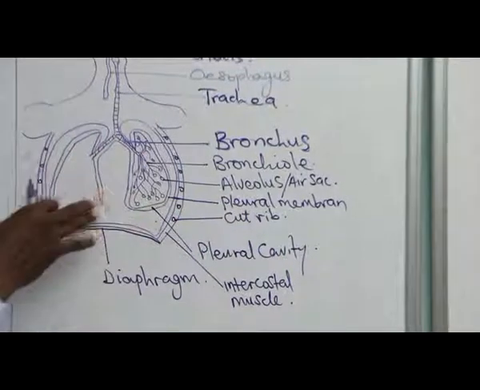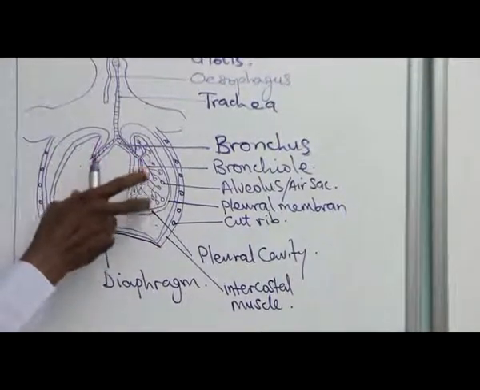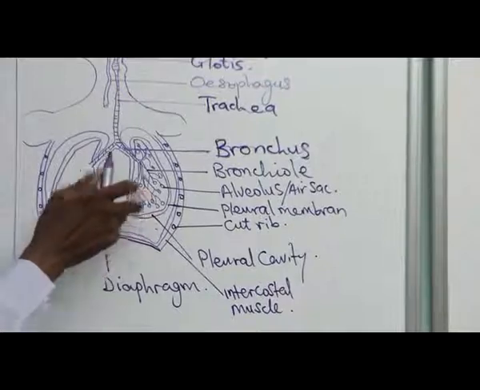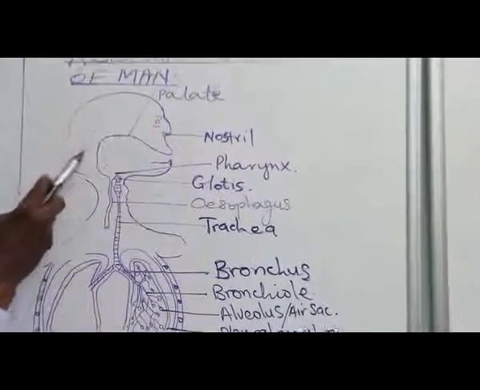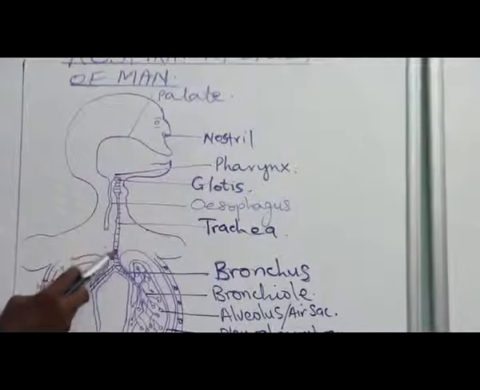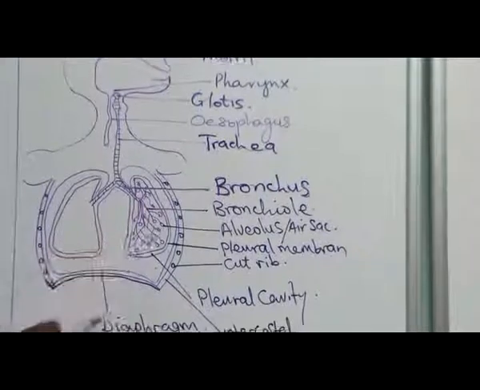The enlargement of the pleural membrane and the lungs creates low pressure inside the lungs, and that makes air flow through the nostril down to the trachea, bronchi, bronchioles, and into the alveoli.